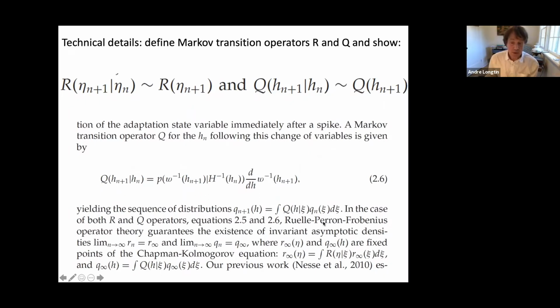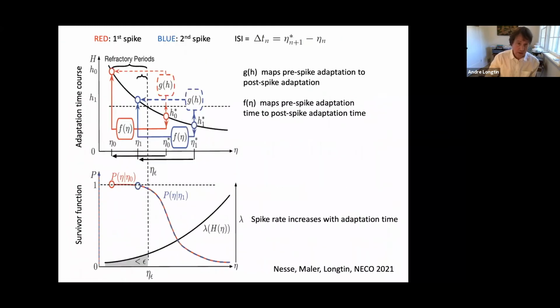There's this Ruelle-Perron-Frobenius operator theory that guarantees the existence of invariant asymptotic densities for these operators. And these densities are going to be fixed points of the Chapman-Kolmogorov equation that governs how these times and H values, how these two maps behave in time. Okay.